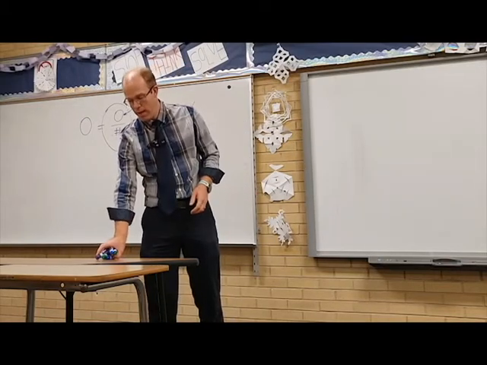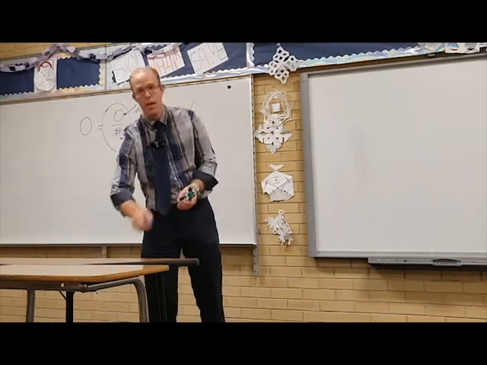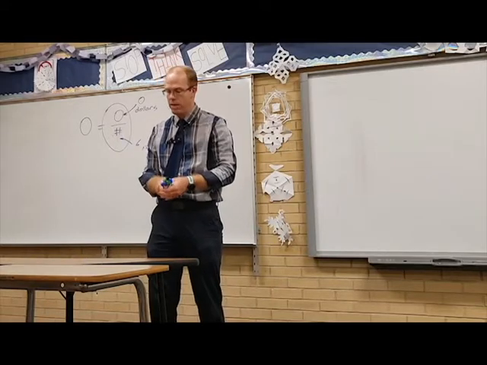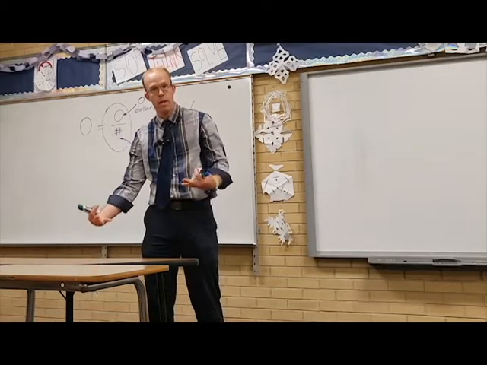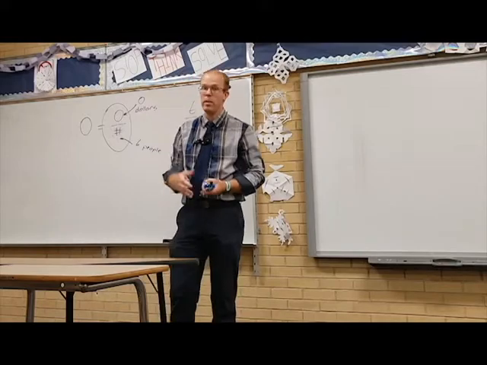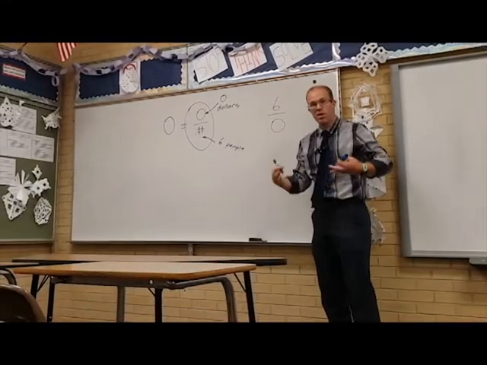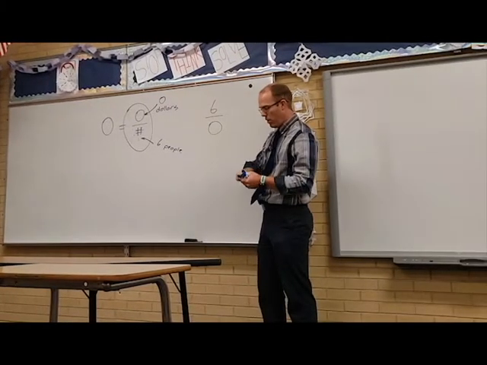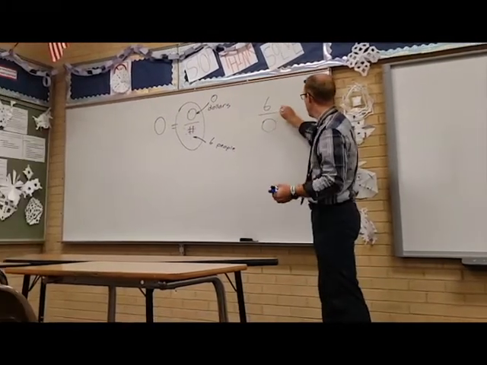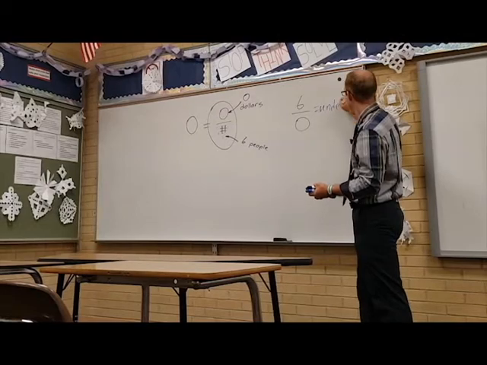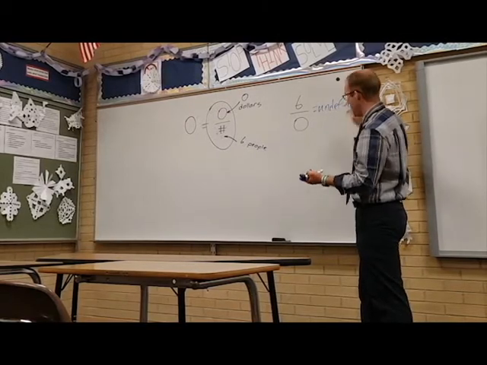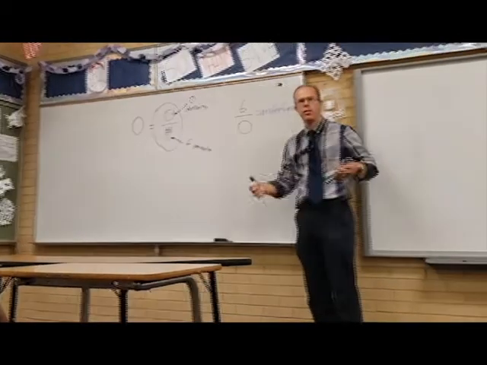There is no way to break something up and have 0 groups, because by breaking it up, you're automatically putting them in groups and creating groups. So 6 divided into 0 groups just doesn't make sense. That's why we call it undefined, because it doesn't really have a meaning.